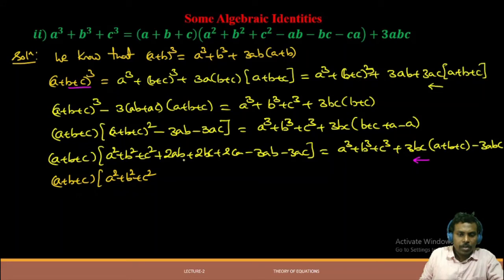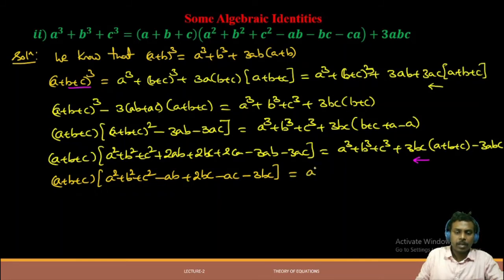Now it is 2ab minus 3ab is minus ab, plus 2bc. There is no other term to cancel it out. 2bc will be as it is, plus 2ca minus 3ac, that is minus ac. Okay. Now if I take common this a plus b plus c, then I get minus 3bc.